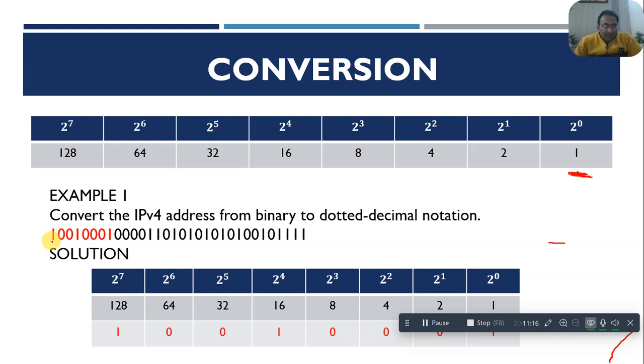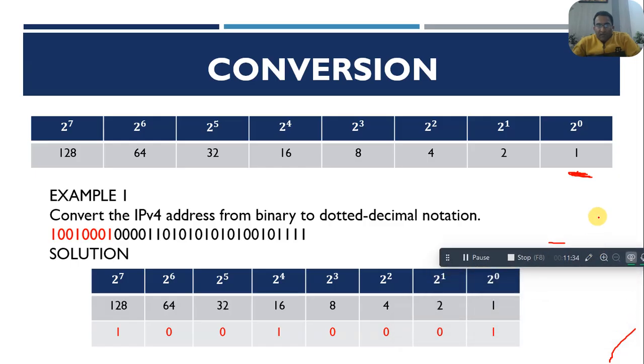So the first 8 bits, 1 0 0 1 0 0 0 1. These are the total 8 bits.